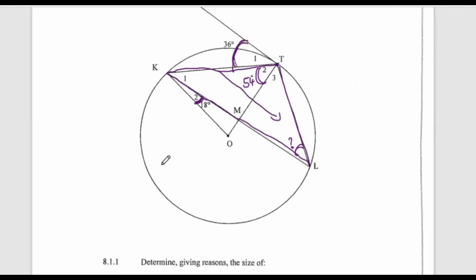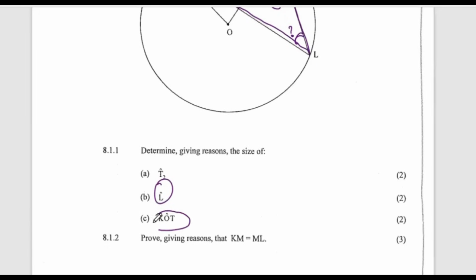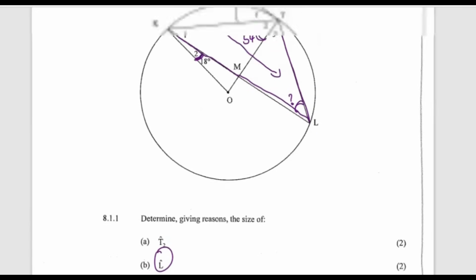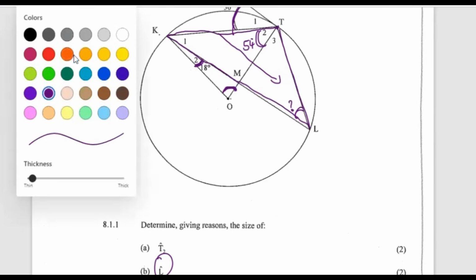And then with C, they want me to get the angle KOT. So this angle here. All right. I don't want to overthink it.